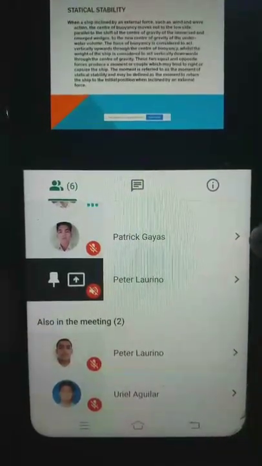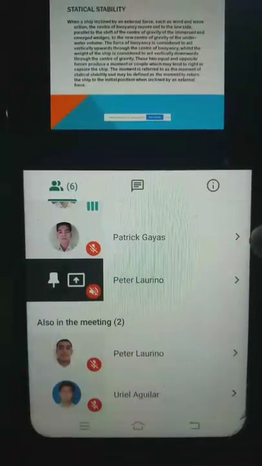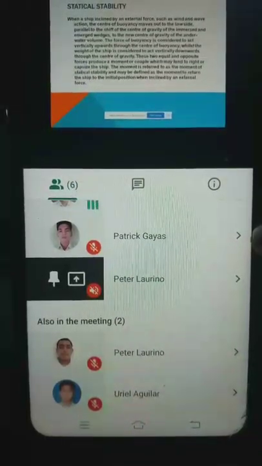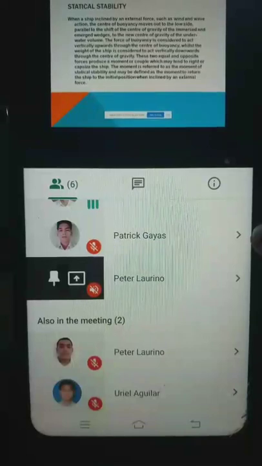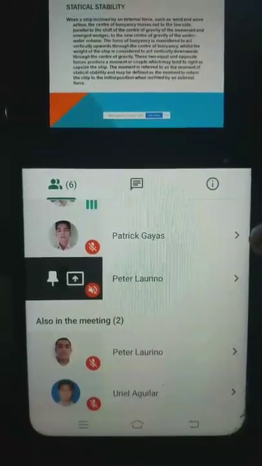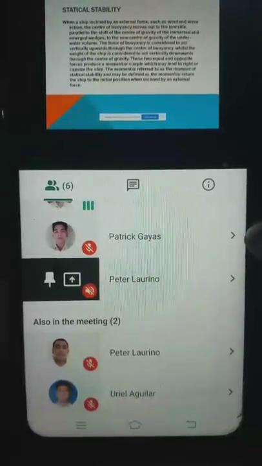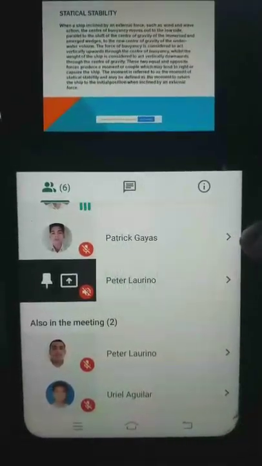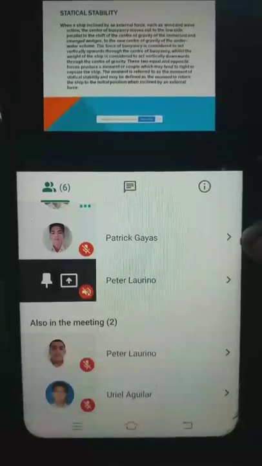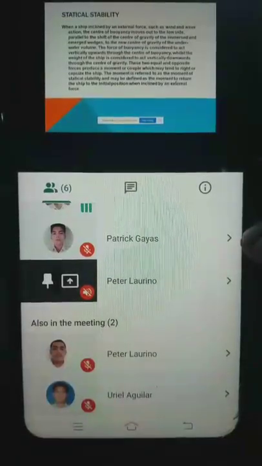Statical stability. When a ship is inclined by an external force such as wind and wave action, the center of buoyancy moves out to the low side, parallel to the shift of the center of gravity of the immersed and emerged wedges, to the new center of gravity of the underwater volume.